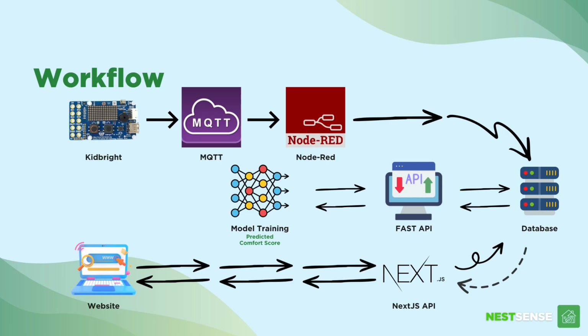There is also one thing, like a proxy, not related to those two, that makes the feature possible: the model training. We created a FastAPI that pulls the data from the database and then trains the model to get predictions of the comfort score.